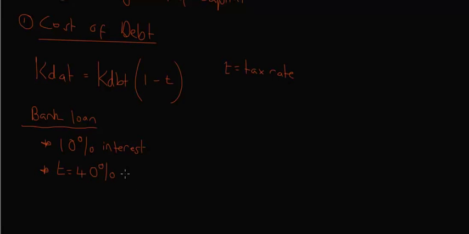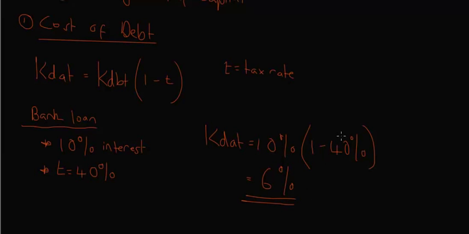So the way to calculate the cost of debt after tax would simply be: cost of debt after tax equals the cost of debt before tax, well that's 10%, multiplied by 1 minus T, 1 minus the tax rate, which is 40%, and that comes out to 6%. So their actual cost of debt is 6% because 4% of it is being pulled out by the tax shield, because interest is tax deductible for the company.